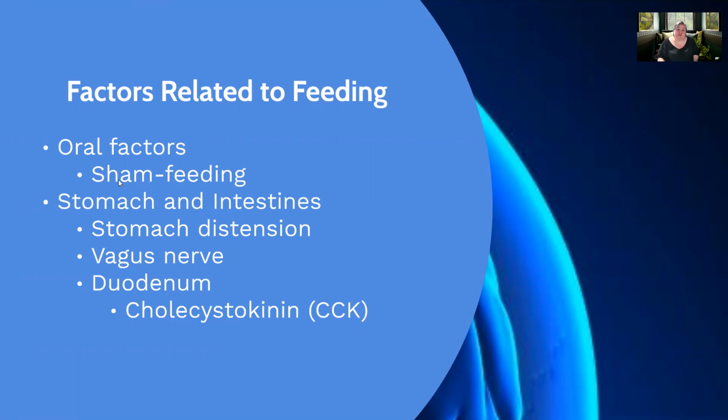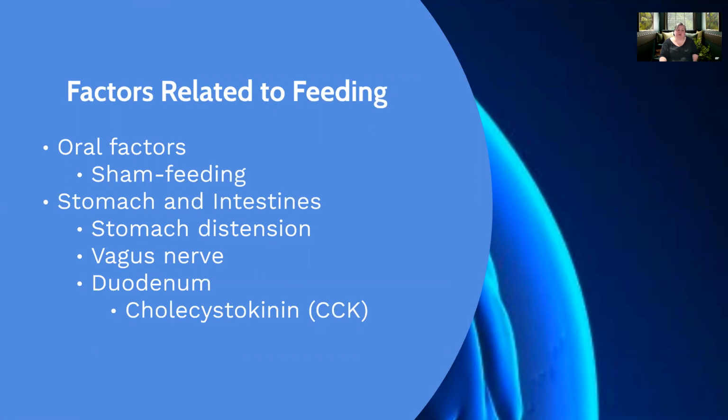Some studies related to sham feeding, where animals were fed but the food wasn't going to the digestive tract, found they were not satiated. What that told us is it's more than just oral. It's not only related to oral factors, but there's also a stomach and intestinal factor as well.